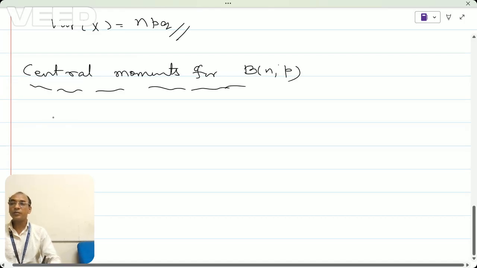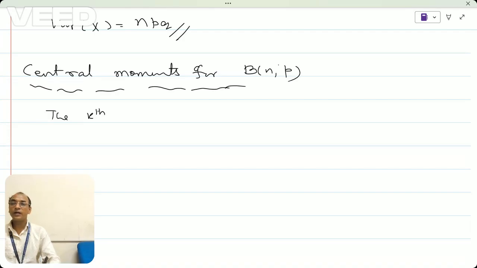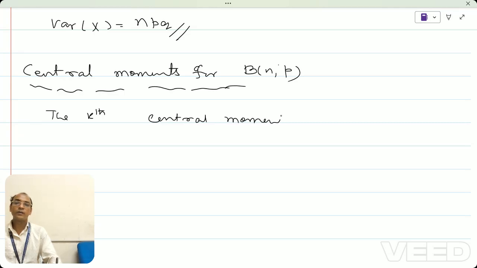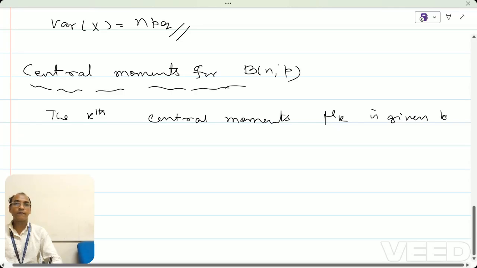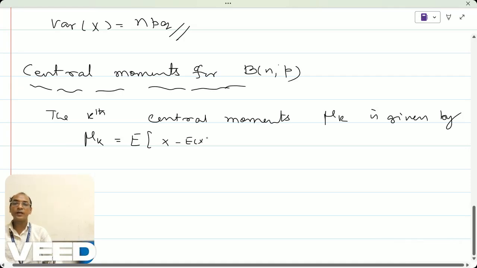the kth central moment, denoted by mu k, is given by mu k equal to expectation of (x minus expectation of x) all to the power k.